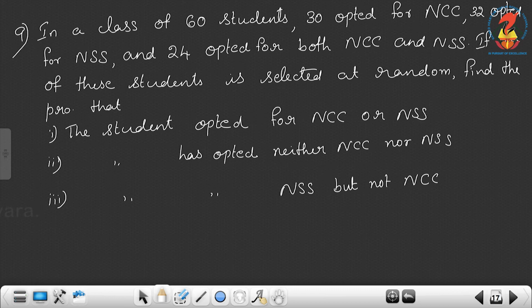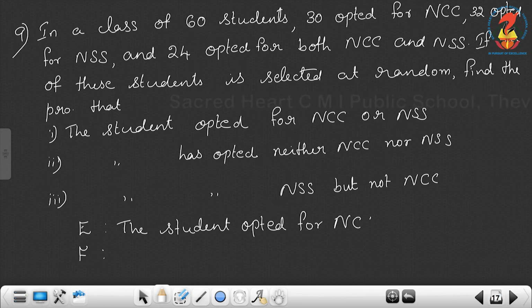So here the probability is not given, we have to write the probability. Let E be the event that the student opted for NCC, and F be the event opted for NSS.